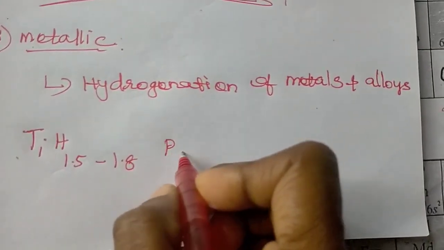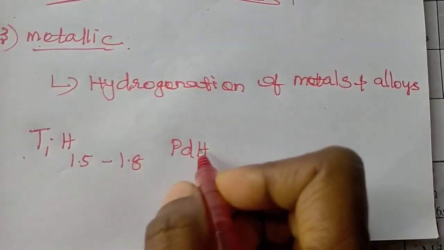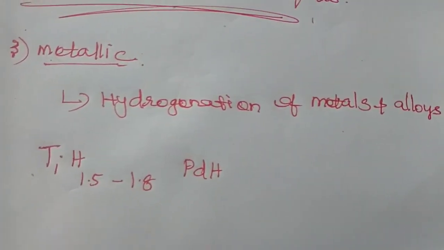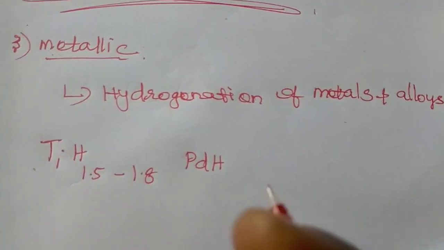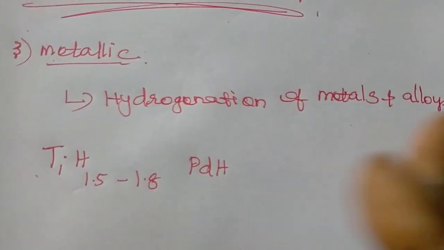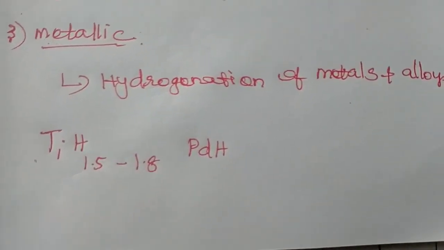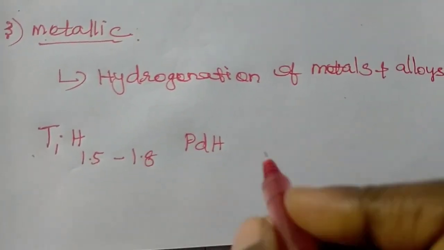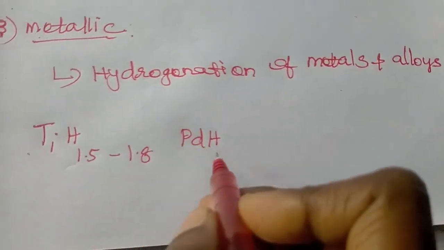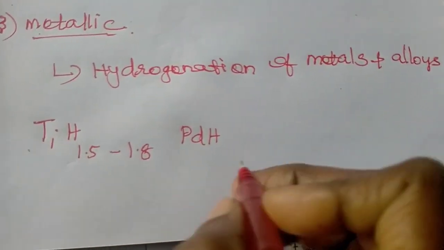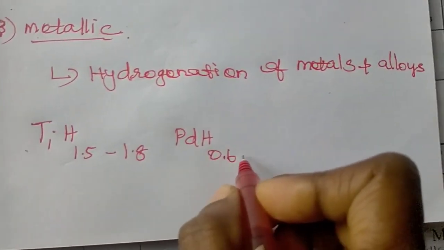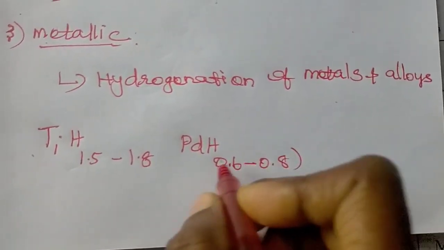Palladium hydride is also a metallic hydride, or void or interstitial hydride. It is also non-stoichiometric, with variation in the range of 0.6 to 0.8.